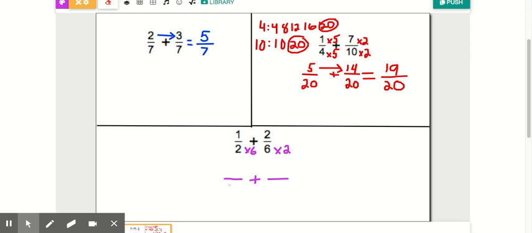So 2 times 6 is 12, and 6 times 2 is 12. Then I'm going to do the same thing on the top. So 1 times 6 in this case is 6. And 2 times 2 is 4.